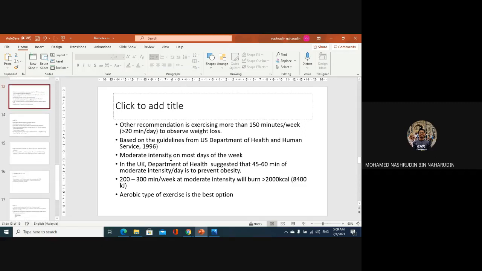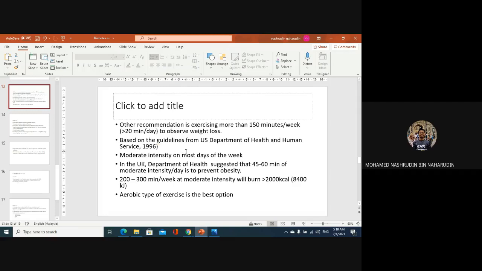So for weight loss, it is recommended for you to do more, of course. By performing 150 minutes per week or approximately 20 minutes per day, you will of course see improvement in your weight loss. Okay, improvement in your weight, meaning that you will lose weight.